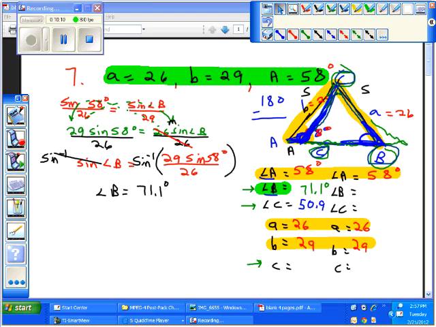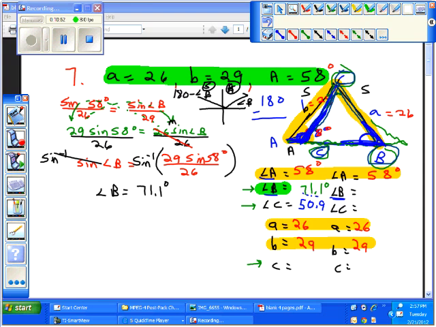But let's go back to the unit circle or the coordinate plane, and let's think about this. If we have some angle, angle B, in quadrant 1 where they're all positive, that means that there's also an angle that's less than 180 in quadrant 2 that's 180 degrees minus angle B. In other words, this second angle would be an angle that has a reference angle of 71.1 degrees.